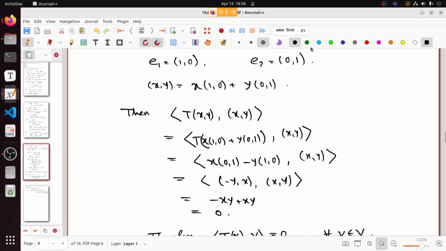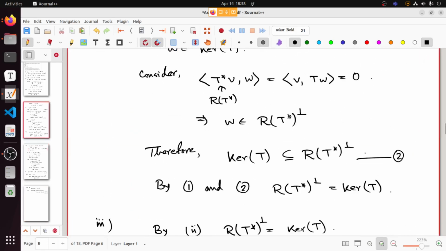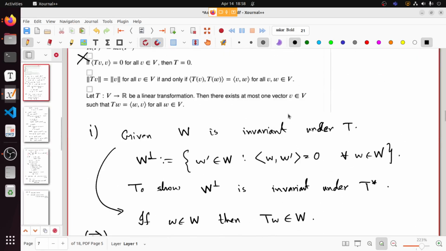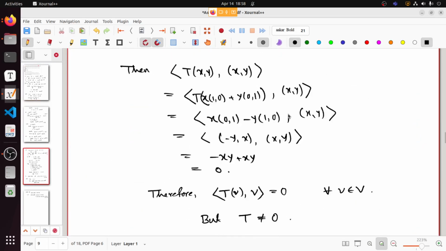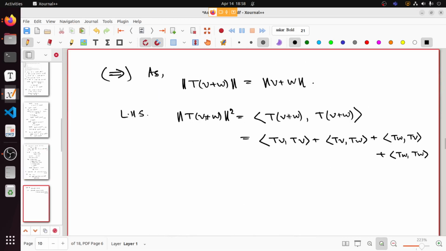And note here the vector space V is a real vector space, over R, right? So as the vector space is over R, the bar will be the same. So this will be norm Tv square plus 2 times inner product Tv, Tw plus norm Tw square, right?